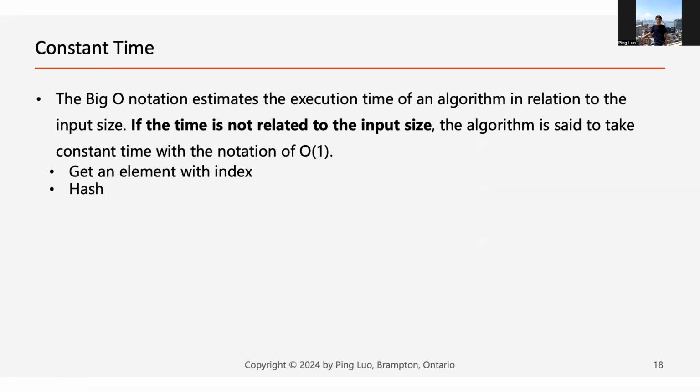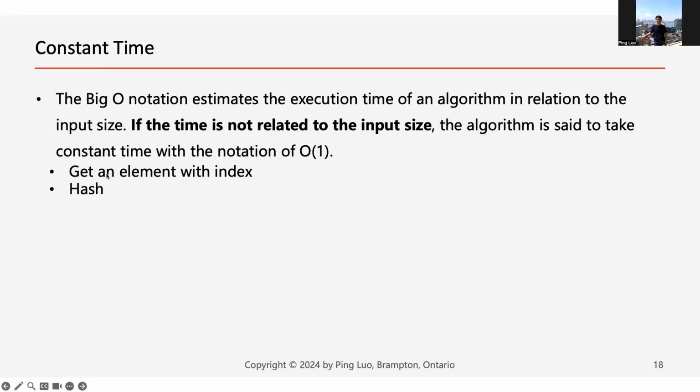Sometimes big O notation can also represent constant-time operations. If the running time of the algorithm doesn't depend on the input size, then we say it takes constant time. For example, if we have a list and get an element by its index, it's just O(1), we directly get that number.